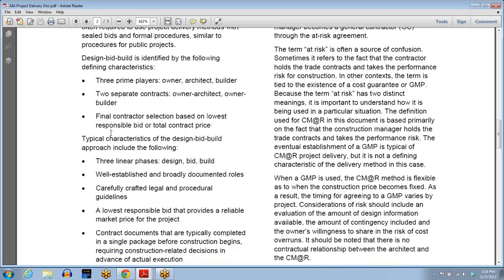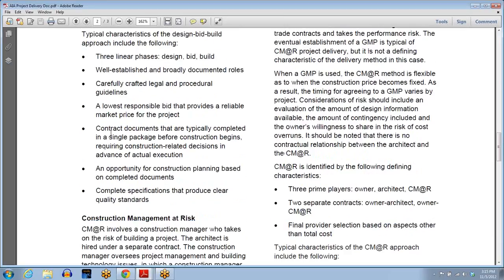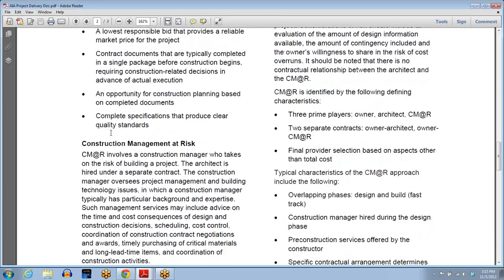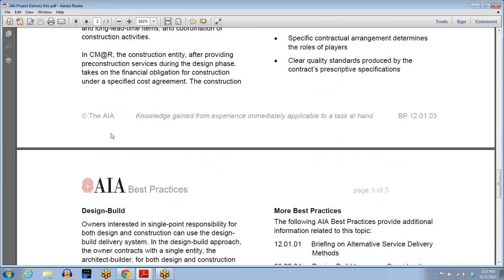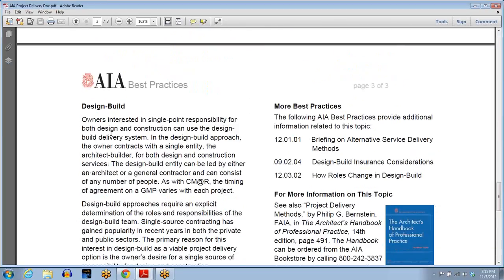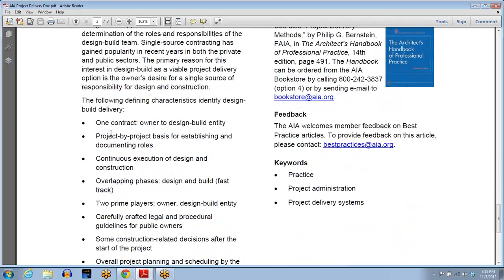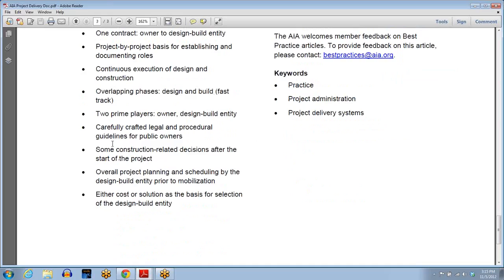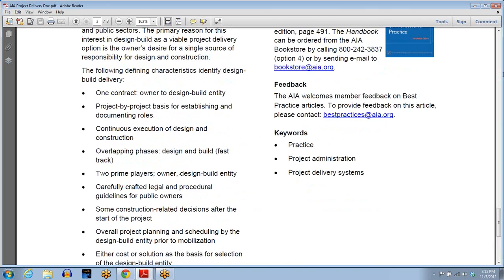So in it, you can get an elementary or ground level foundational understanding of the components and the companies, the players that are involved in each one of these systems. So they talk about traditional, construction management, and then they talk about design build. So you're still in the left column here as they go through and deal with the characteristics that identify each one and the players that are involved.